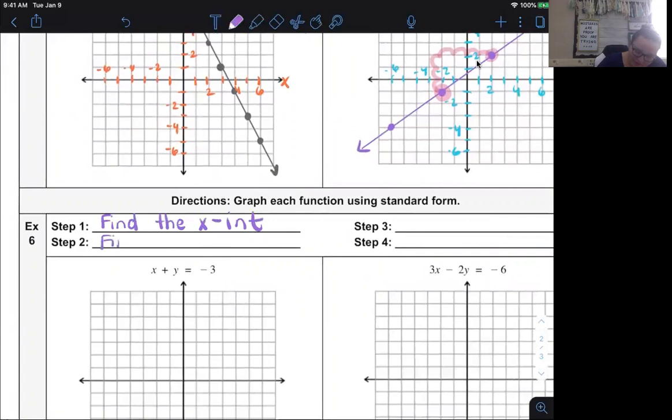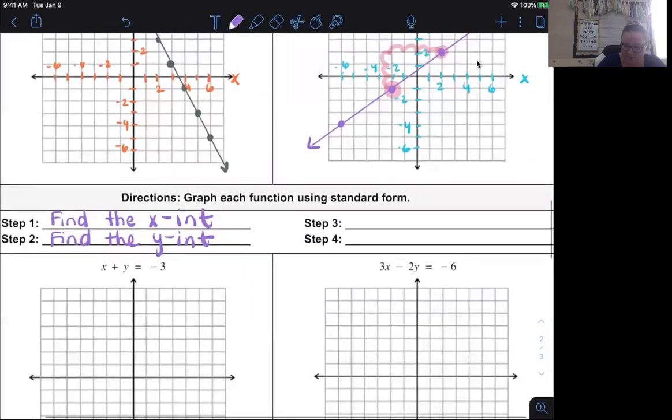Step 2, find the y-intercept. Then step 3, plot both of those points. So plot the x and y intercepts. And then step 4, draw the line through those points.